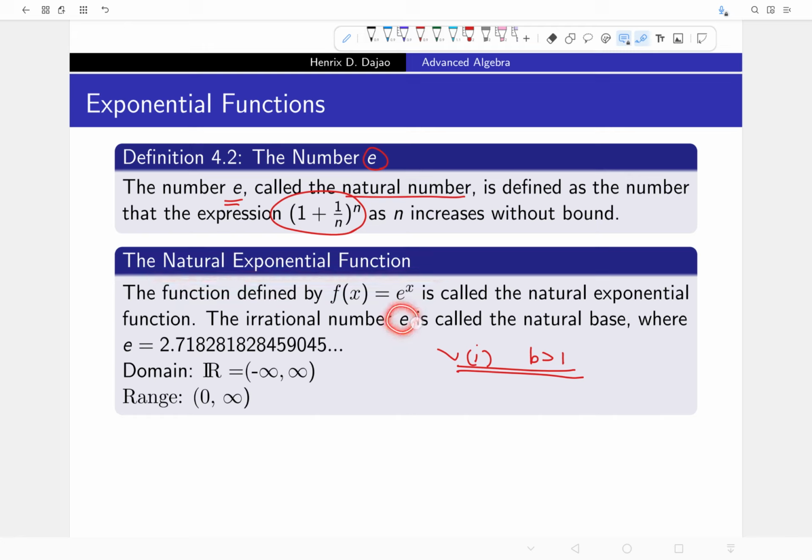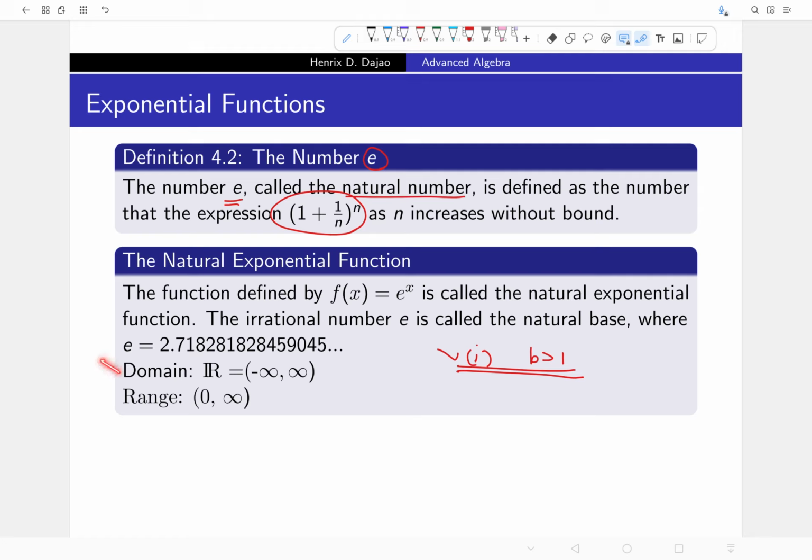The irrational number e, just like your pi, is called the natural base, where e here is this value. It goes on and on without a certain pattern.